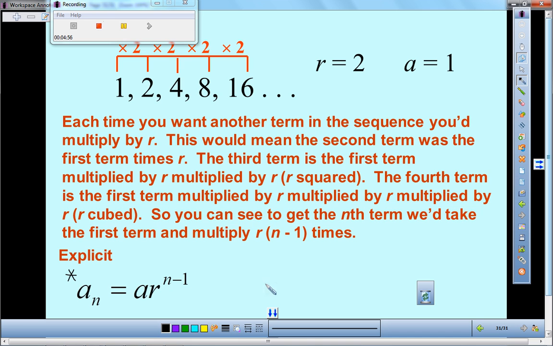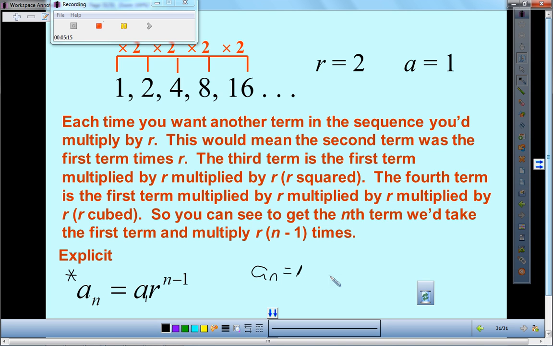If we were finding the explicit formula of this particular sequence, we would simply say a sub n is equal to a, which would be the first term. In this case, that is 1. So we'd have 1, which really wouldn't be necessary to write, but we'll go ahead and write it for right now, and then we'll look at a sequence that doesn't start at 1 later.